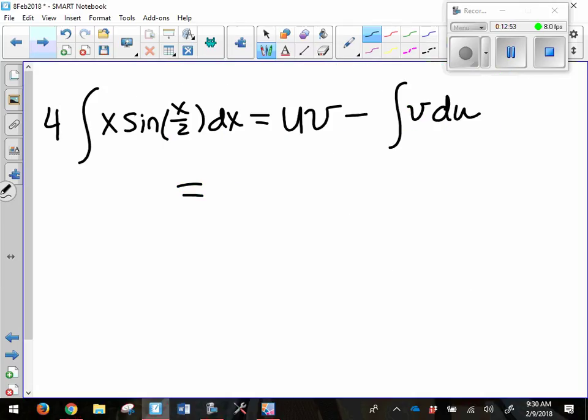Okay, so I'm going to have -2x cosine x over 2. There's no times. Okay, you know I like to put my negative sign and my constants out in front. I tend to end with the trig function, so there's no question over what's the argument of the trig function.